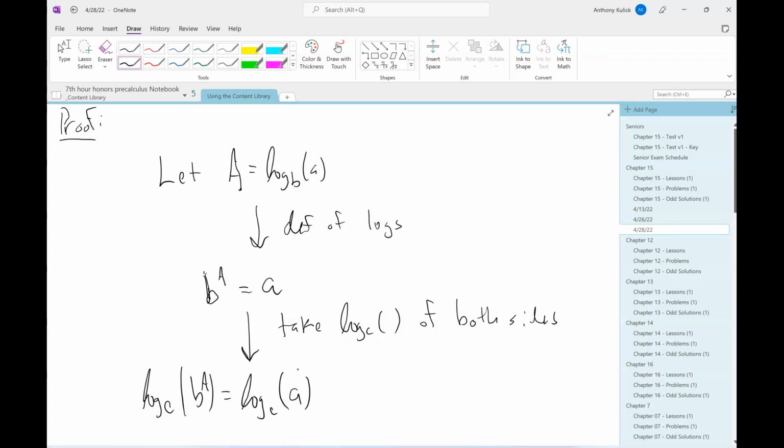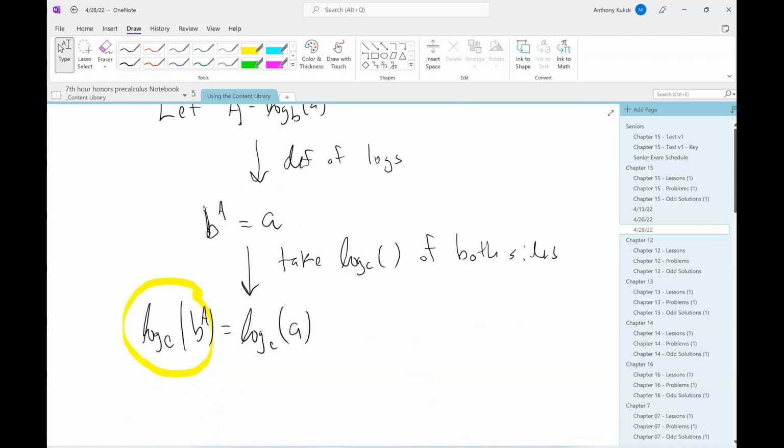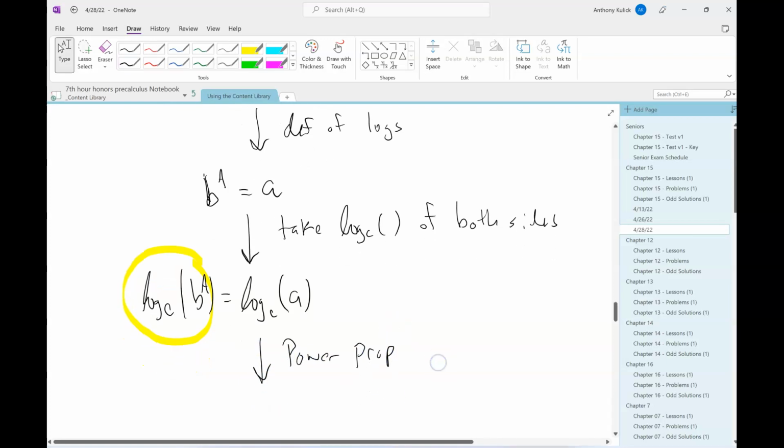Cool with that? Take a look at this piece. What do you notice you can do with that? Power property. Very good. So that's going to give me A times log base C of B equals log base C of A.